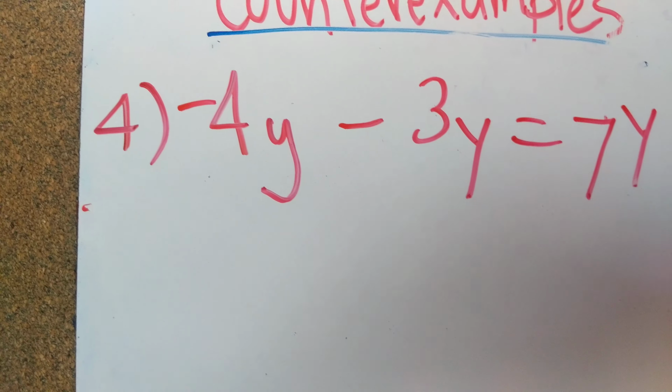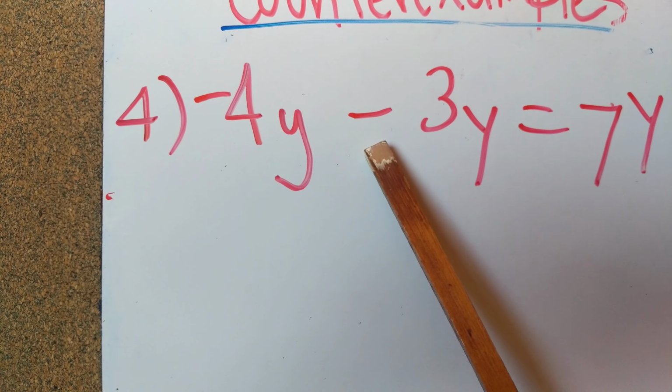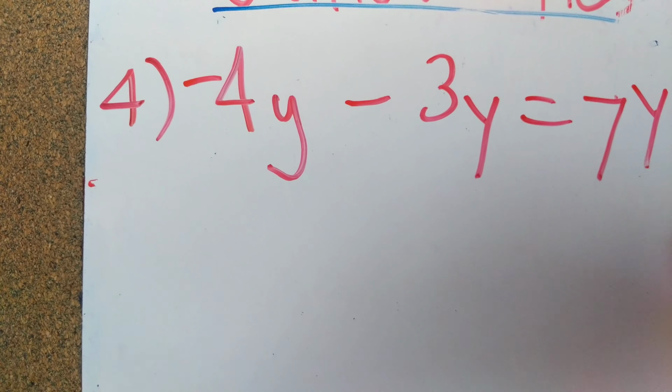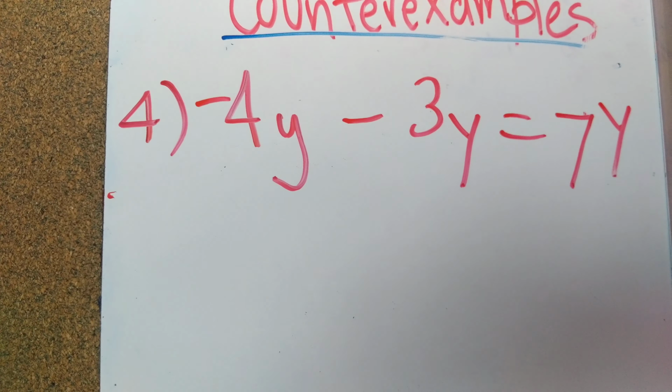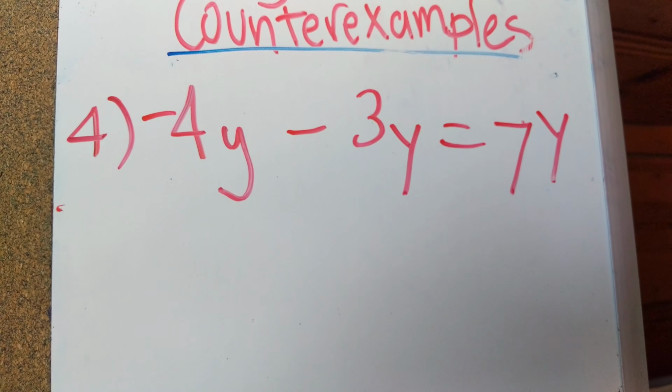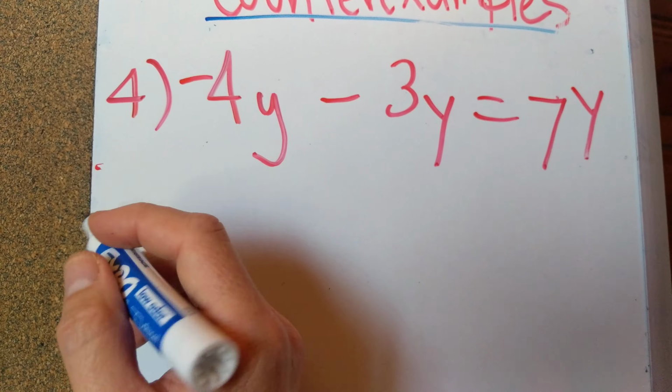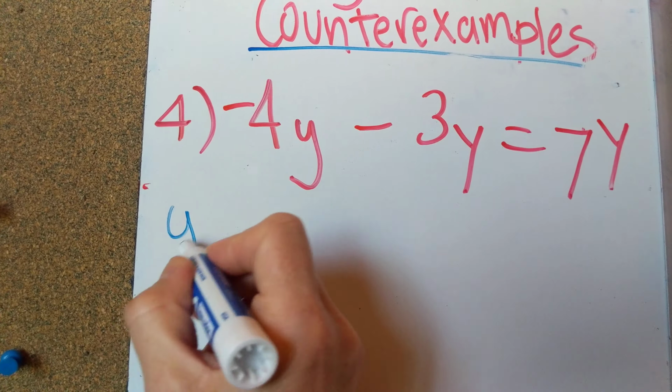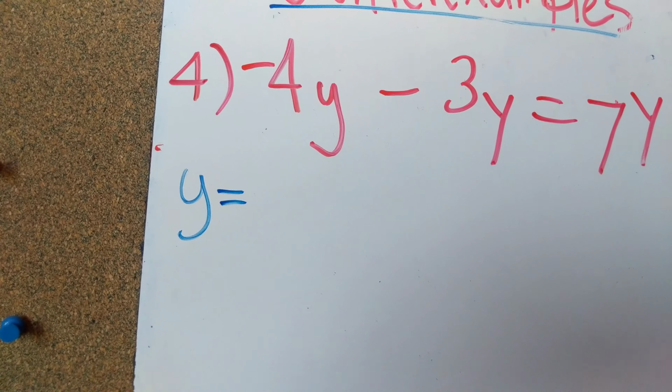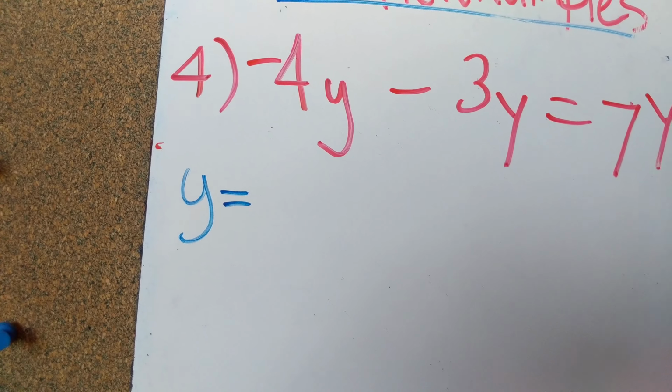Last example. Negative 4y minus 3y equals 7y. Let's see if this is true or not. Let's choose any value for y. Let's say that y is 0.